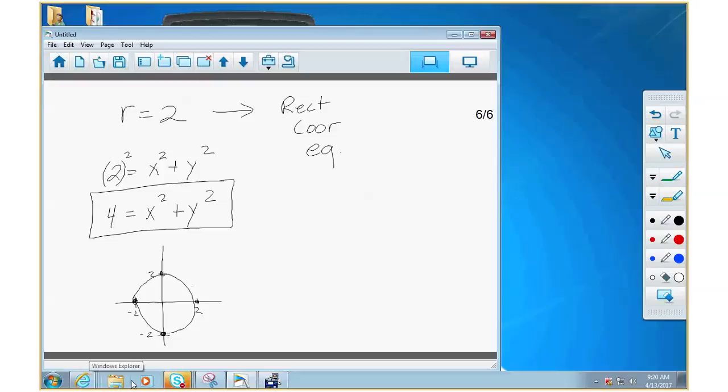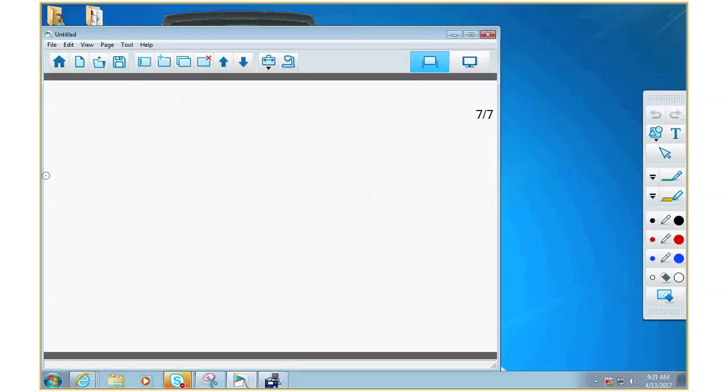All right, let me give you another one you might see. And this is just trig and algebra. R is equal to tangent of theta times secant of theta. You don't have to draw this one.